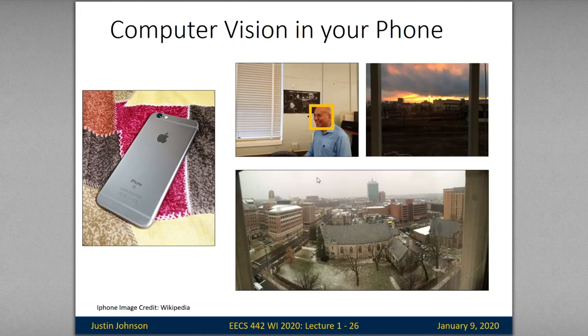Mobile phones were mentioned a few times before, but it's still worthwhile to say that the mobile phones that we currently carry around contain a huge amount of computer vision technology, and it's so integrated into the whole system that we don't necessarily even notice its presence.